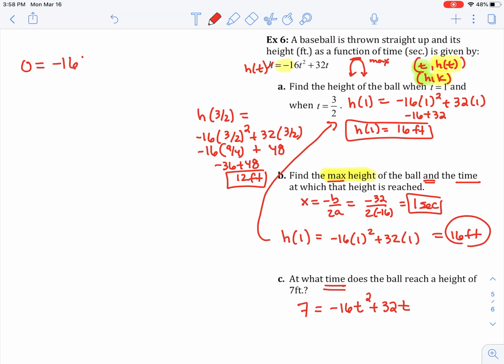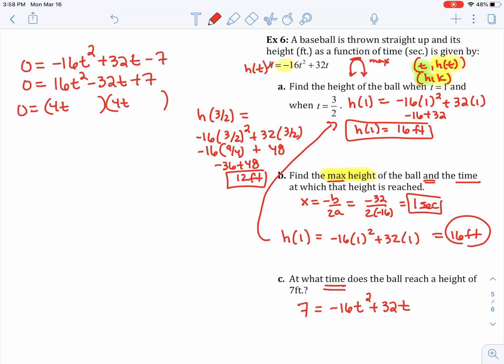So I am going to actually do 0 = -16t² + 32t - 7. And I prefer my first term positive, so I'm going to divide out a negative, making that a positive 16t² - 32t + 7. Solve the quadratic. Quadratic formula always works, but I think this will actually factor.